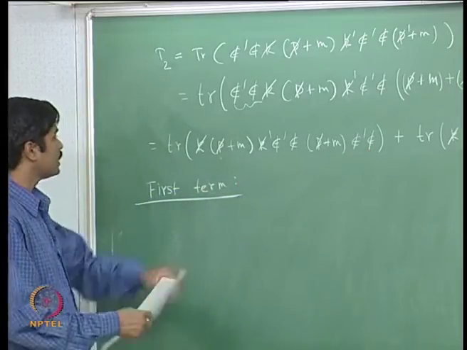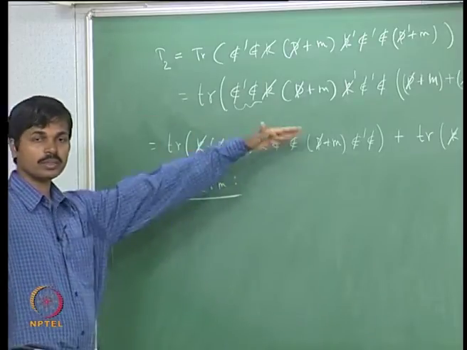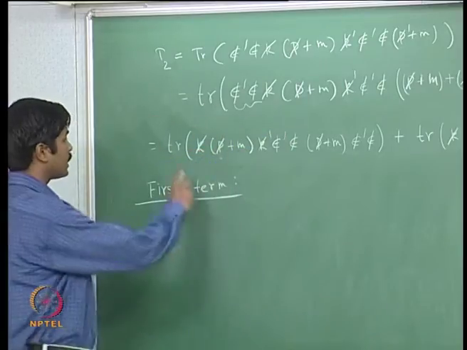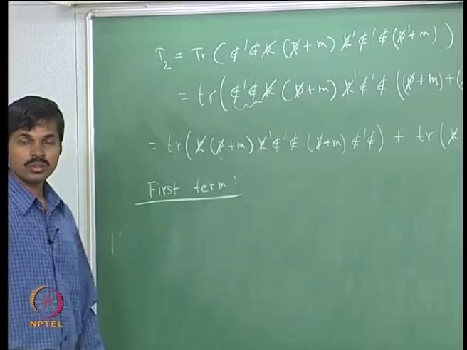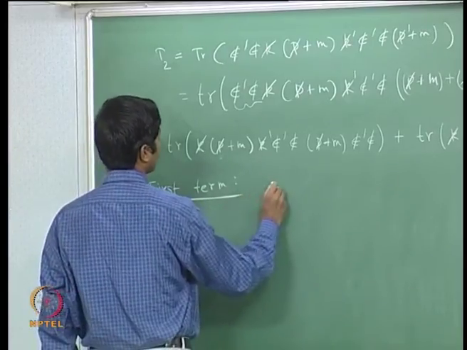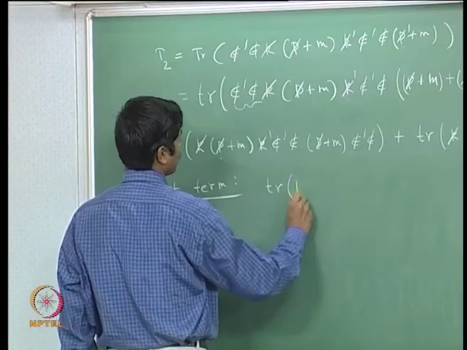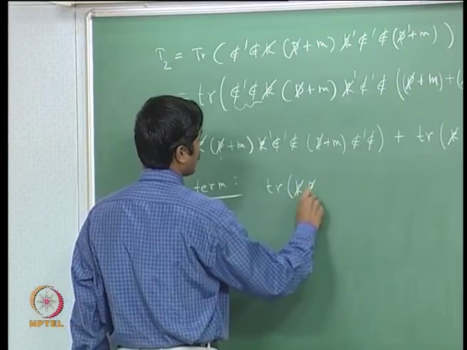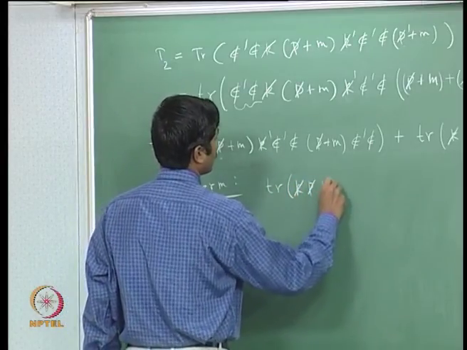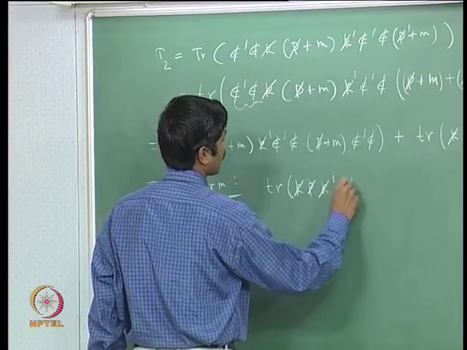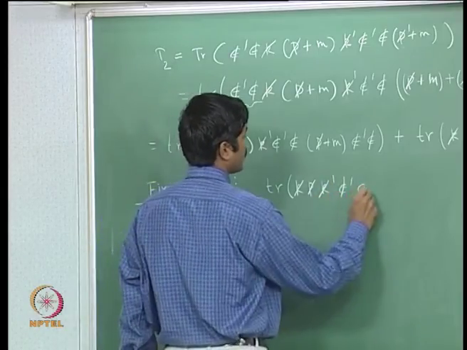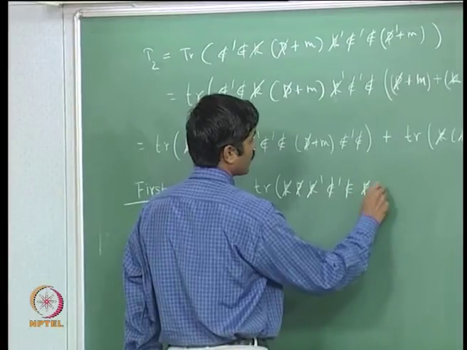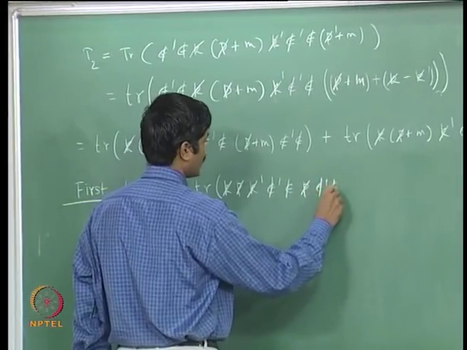So, they contain 7, 1 P slash will go away. So, they contain 7 gamma matrices, trace of that is 0. So, therefore, the first term is simply trace of K slash, P slash, K prime slash, epsilon prime slash, epsilon slash, P slash, epsilon prime slash, epsilon slash.